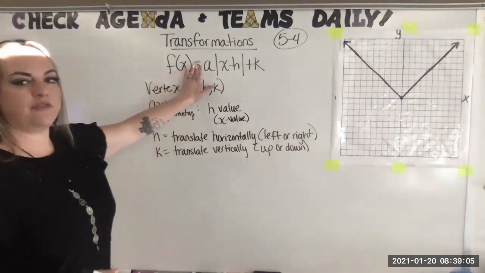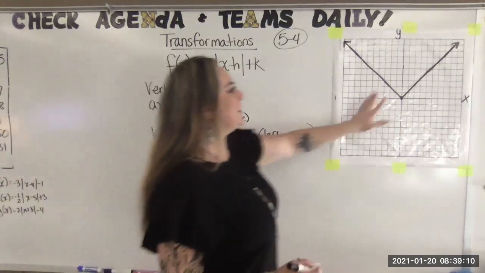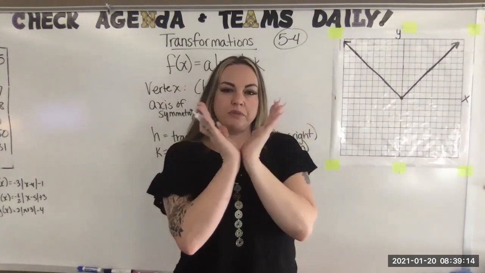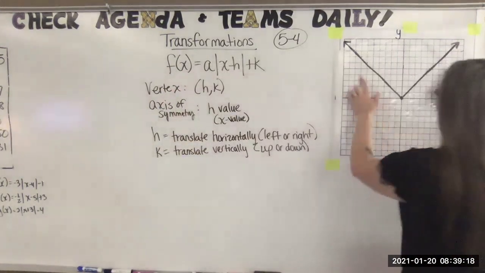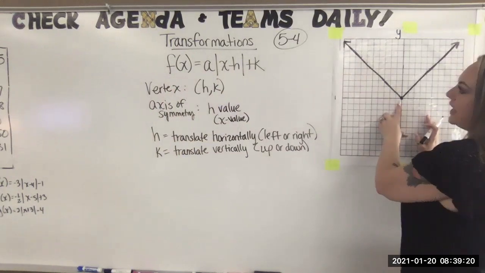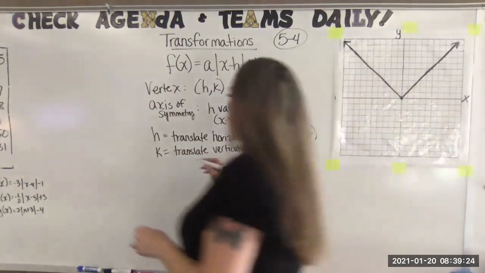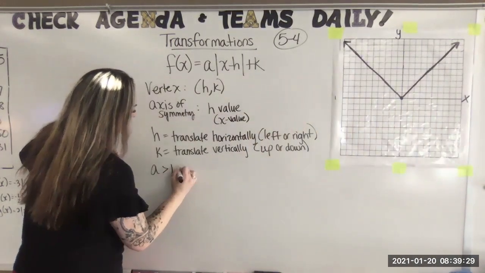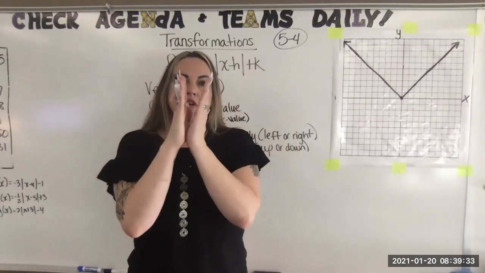How does a affect our graph? Well, we know that a correlates to the steepness of our V's, of our two lines that form together at the vertex. So if this is the parent function and a equals 1, anything where a is greater than 1 is going to make our graph more narrow.